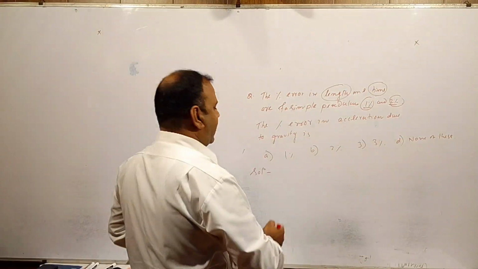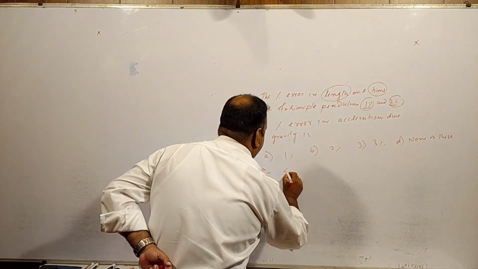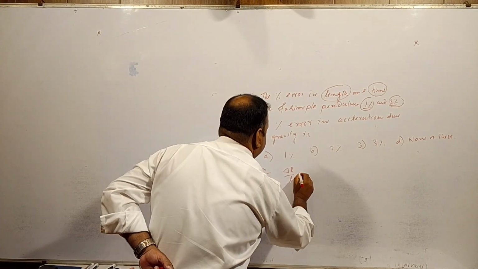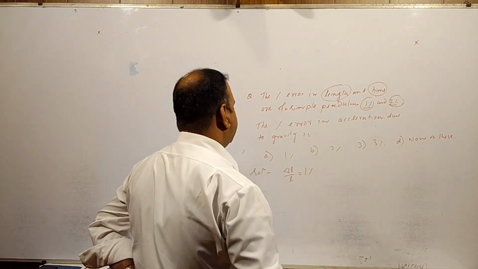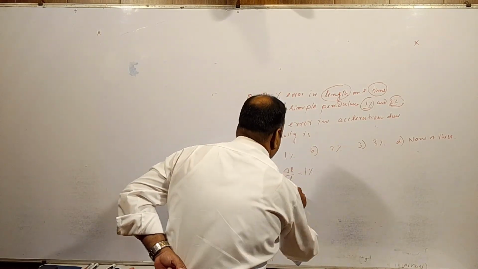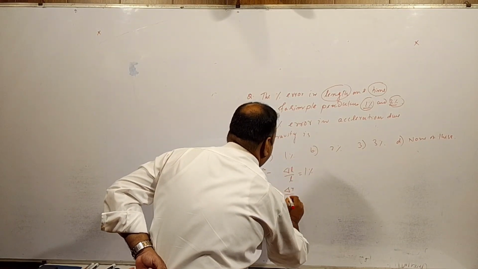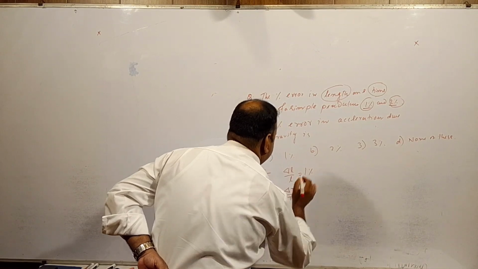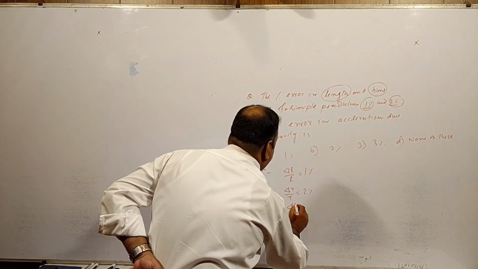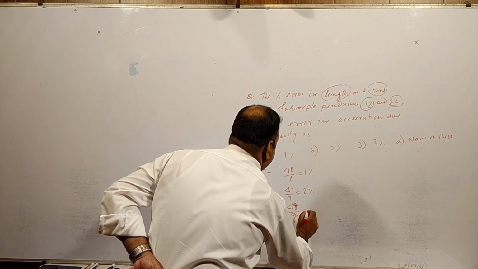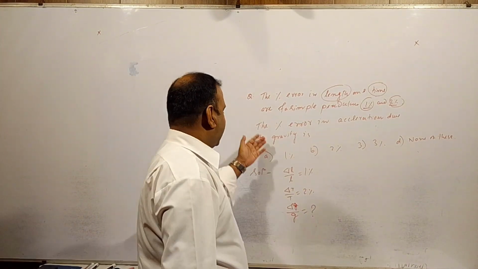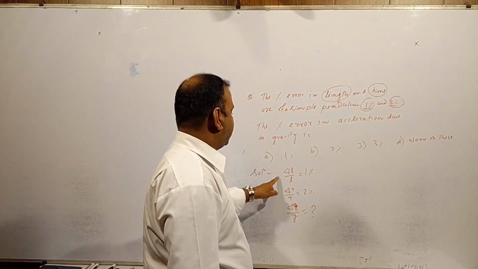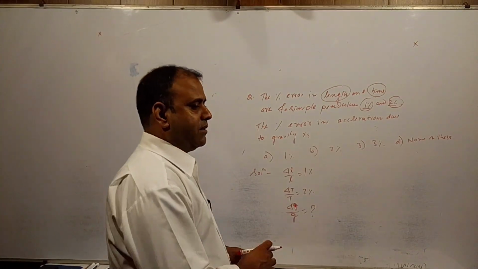So we can write delta L by L is equal to 1%, and delta T by T is 2%. Now we have to calculate delta Z by Z is equal to question mark, the percentage error in acceleration due to gravity.